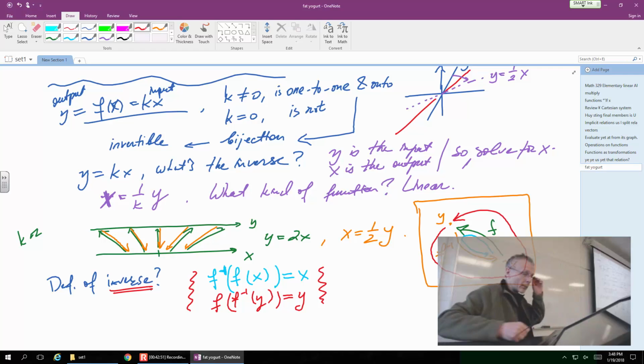Remember, for linear functions, especially in the one-dimensional setting, this is too simple to require using all the complexity of the definition of the inverse. But this is inevitable. We're going to come back to this many times, because in high dimensions the definition will be very useful.